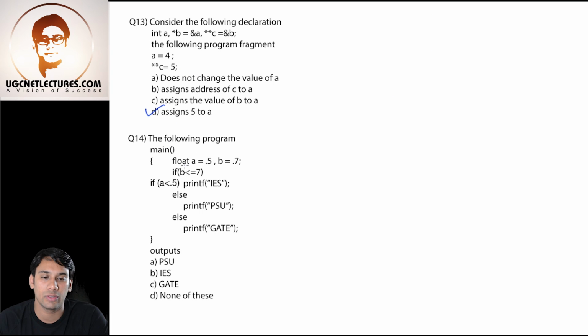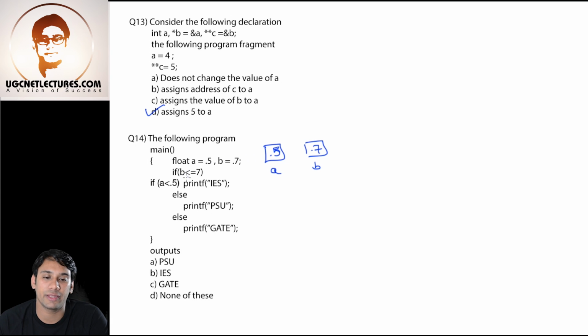In this next question, they have given two variables a and b, which are of float type. The value stored in variable a is 0.5, and the value stored in variable b is 0.7.